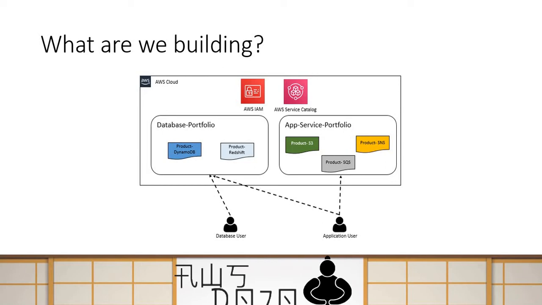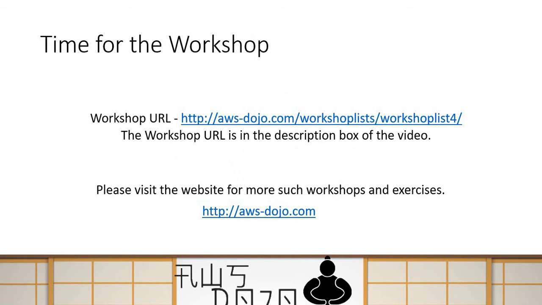So let's go and talk about how to build this scenario end to end. For that purpose, we have provided a workshop. The workshop URL has been provided in the description box of the video. If you follow that link, it will show you detailed instructions about how to configure AWS services in order to implement this scenario.